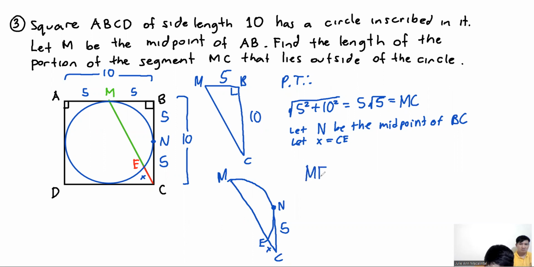So EC times the whole segment MC. Little segment and then the whole segment is equal to the tangent segment squared.